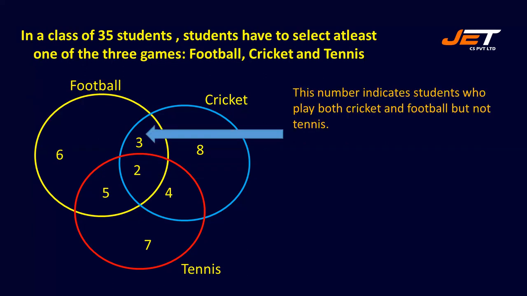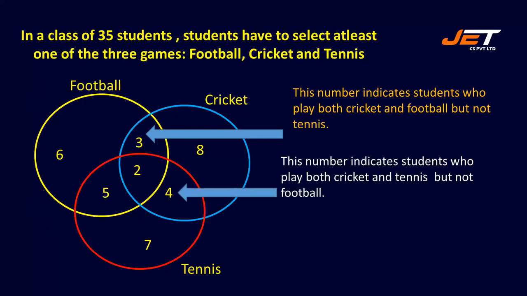Right? And the 3 represents, this number indicates students who play both cricket and football, but not tennis. And the 4 arrow number indicates students who play both cricket and tennis, but not football.